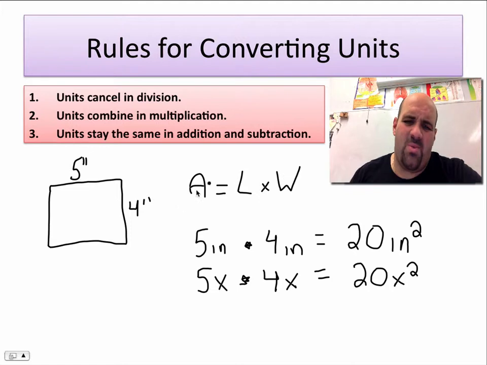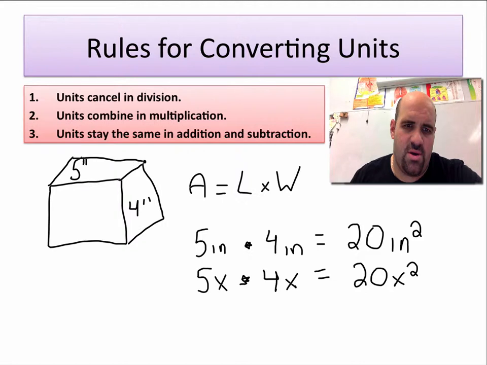And let me ask you a question. What will the units be for volume? Let's say, instead of this, we had a cube. And instead of measuring the area of it, we wanted to measure the volume of it. So the dimensions of the cube, length, width, and height, are 3 inches by 4 inches by 5 inches.